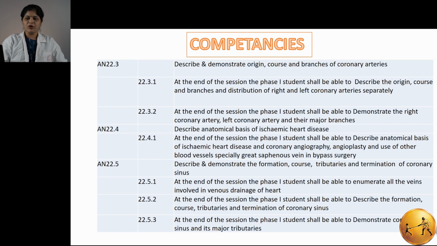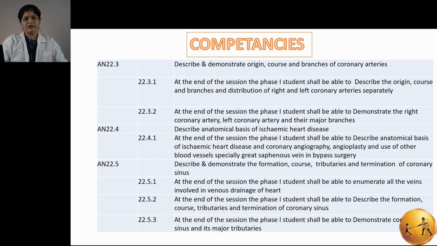22.3.2. At the end of the session, the phase 1 student shall be able to demonstrate right coronary artery, left coronary artery and their major branches. The second competency is AN 22.4: describe anatomical basis of ischemic heart disease, that is a clinical aspect.